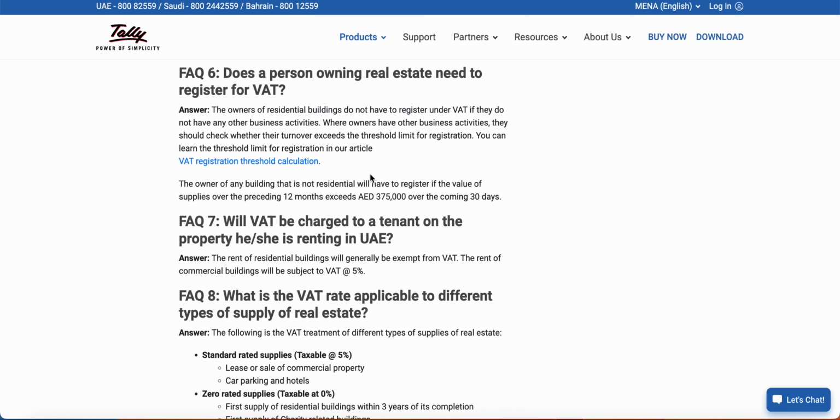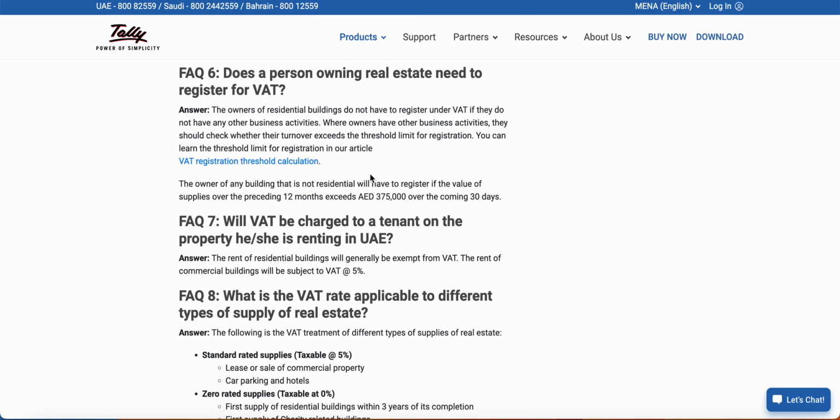So it is very important that you understand that registration is for people who are doing this as a business. What constitutes a business? That's a technical and legal question that will be answered by your tax consultants. But the important thing is, to register, you need to do this as a business. Then you will have to register with VAT.